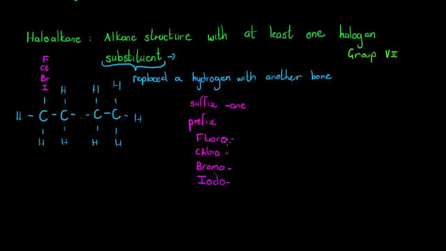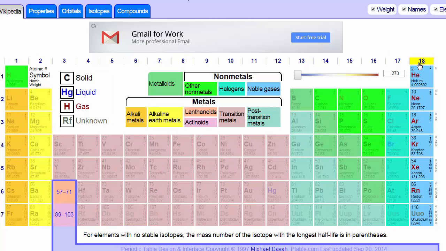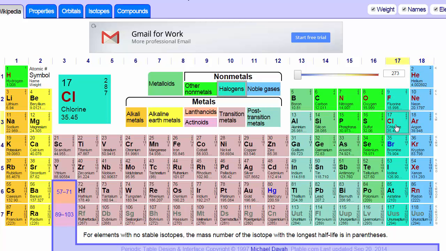Now, the reason why these compounds can actually make a stable bond with carbon is because all of them are group 7 elements in the periodic table, and all of them are one electron short of filling up the highest energy level.